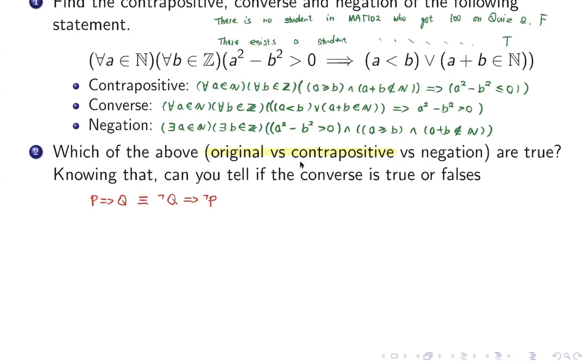So if you can't prove this, but you can prove this, then go ahead. This is one of the proving techniques. Instead of proving this, you prove this. Since they are logically equivalent, if this is true, then this is true. The other thing is you should know that if the original statement is true, then the negation is false. If the negation is true, then the original statement is false.